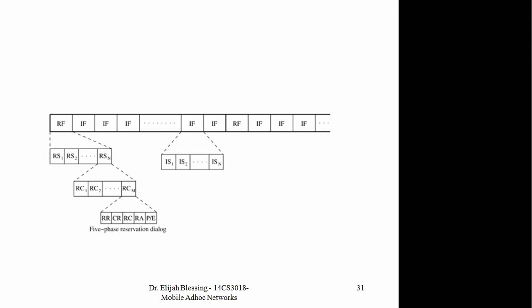For example, let us assume that I have a data packet of, taking a simple example, 500 bits, and let's assume that in a particular frame, Elijah was able to win the second slot. So what I can do is transmit in the next IF in my second slot.